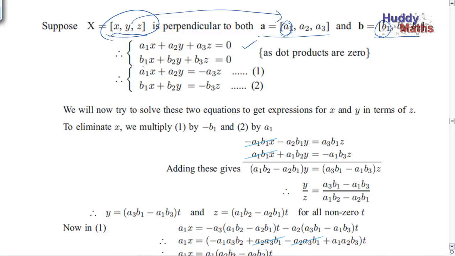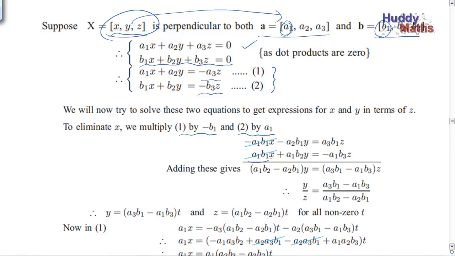Okay, and then we can do it for the b vector. Now our problem here is we want to solve this for x, y and z. Okay, so first of all we need to try to get it in a reasonable form. So we've got neg A3z and neg B3z on the other side, and solving them we could multiply by neg b1 and a1.